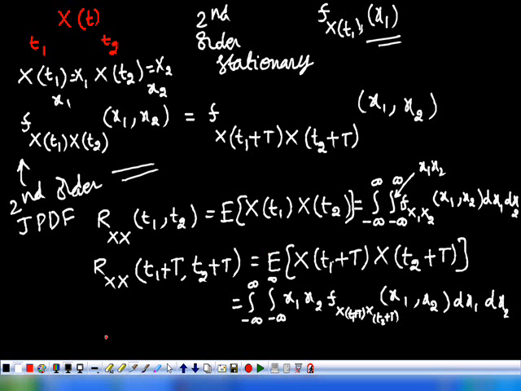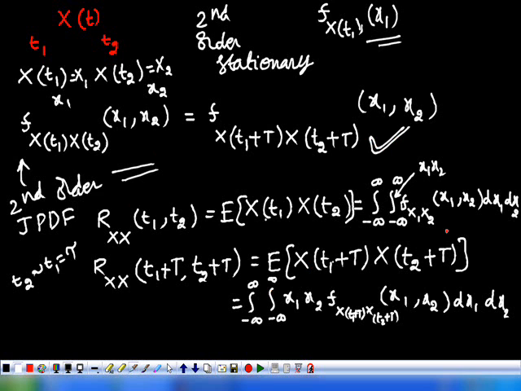So if it is not varying with time, then we can directly represent this as Rxx of tau. That is, if you let the difference between these two be tau, and as the autocorrelation function is not varying with time, obviously, if this condition is satisfied, this will be equivalent to this.